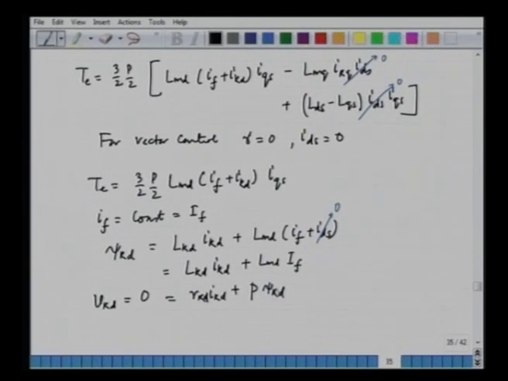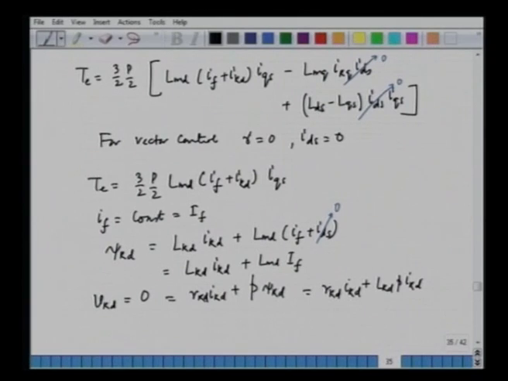And what is this psi KD? Psi KD is LKD IKD plus LMD into IF. IF is constant, so the derivative of a constant quantity is equal to 0. The small p signifies d by dt, the derivative operator. So that is equal to RKD into IKD plus LKD into p IKD.